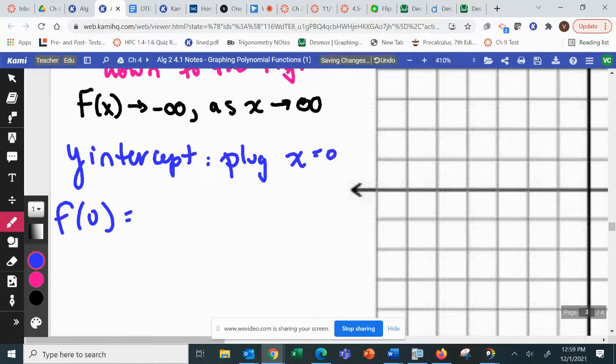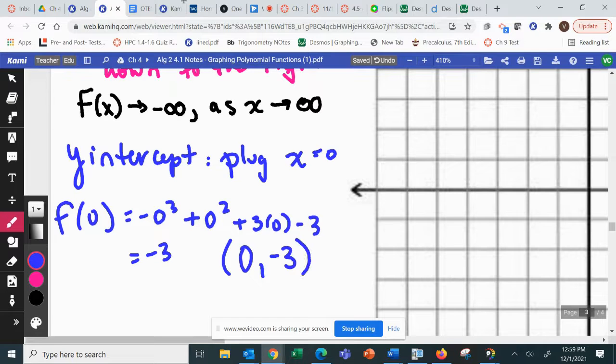And then everywhere I see an x, I'll make it a 0. So it's -0 cubed plus 0 squared plus 3 times 0 minus 3. Is that what it was? I'm trying to go off memory. Which is going to give me -3. And that's a y-intercept of (0, -3). And I'll go ahead and plot that because I know that's a point on the graph. I found it.